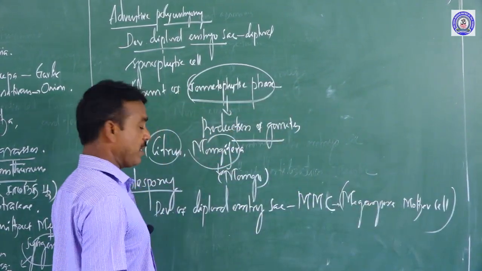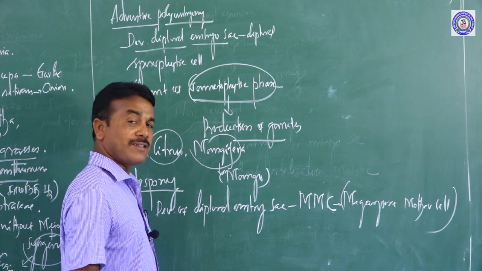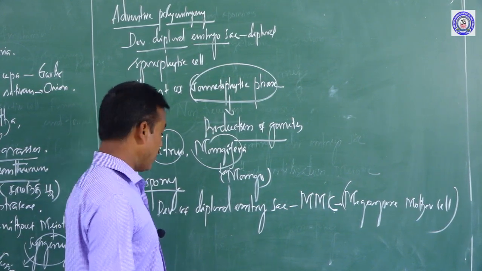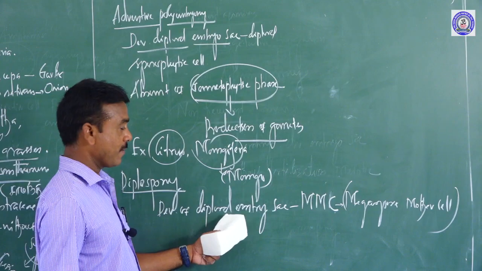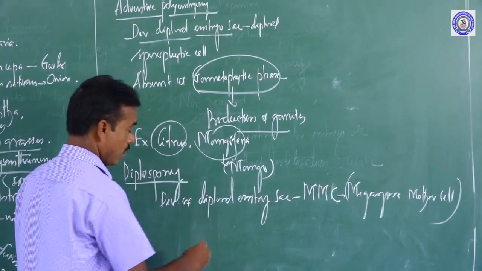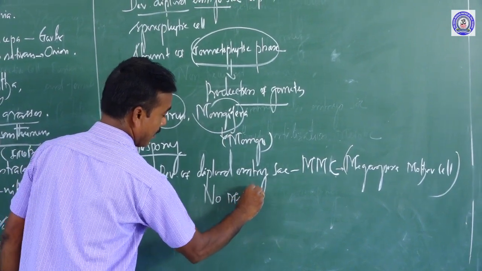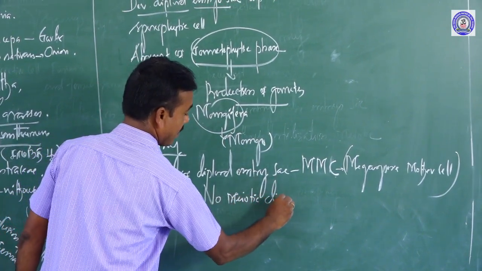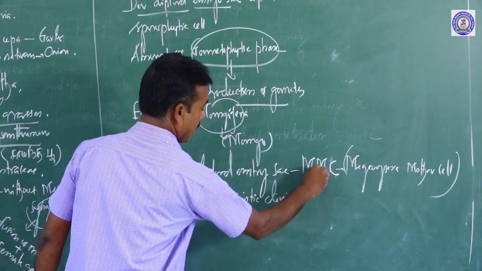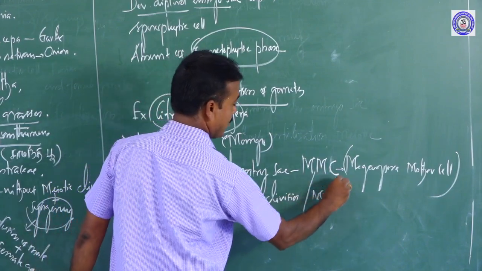So the megaspore mother cell is a diploid cell that is responsible for developing into the embryo sac. Here also there is no meiotic division and there is no syngamy.